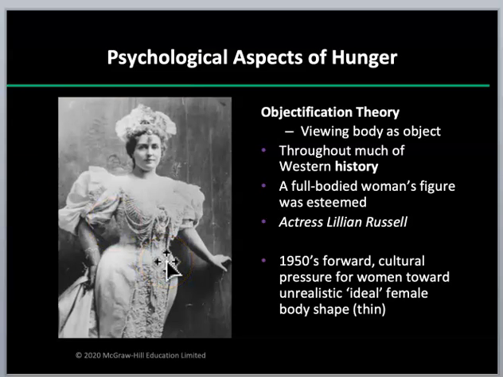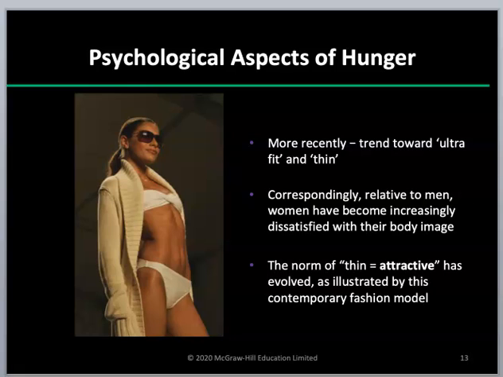If you look at pictures even of Marilyn Monroe, who was, I believe, one of the most beautiful and sexiest women of all time, she was even a little plumper, a little heavier, a little more voluptuous. But as time has gone by, this is now the ideal.